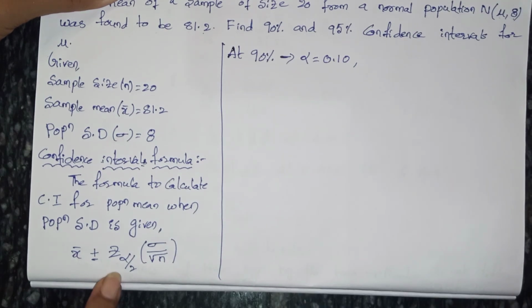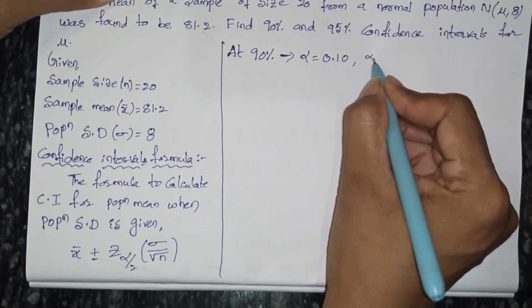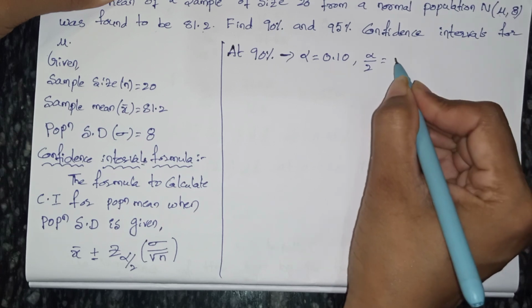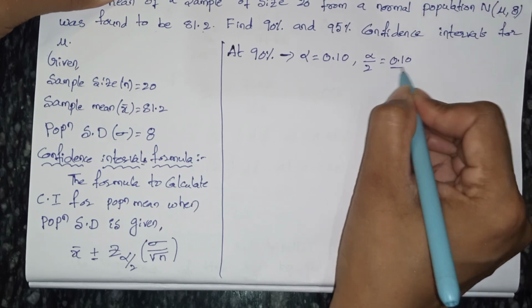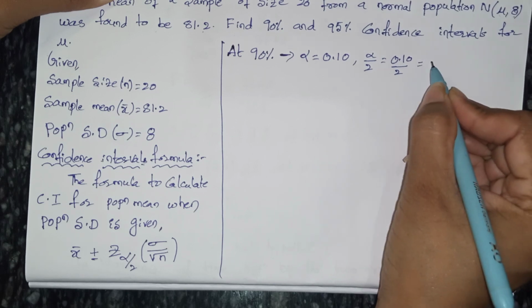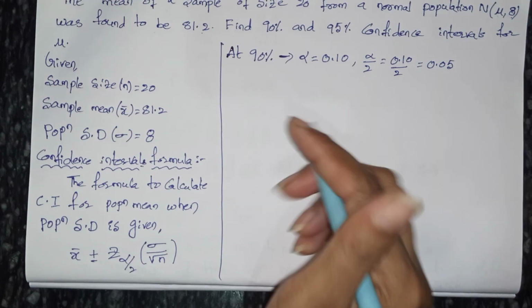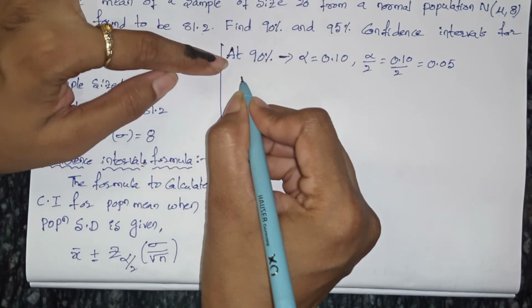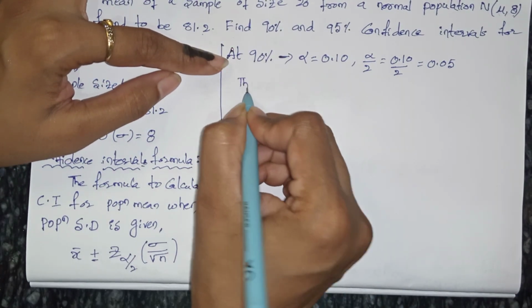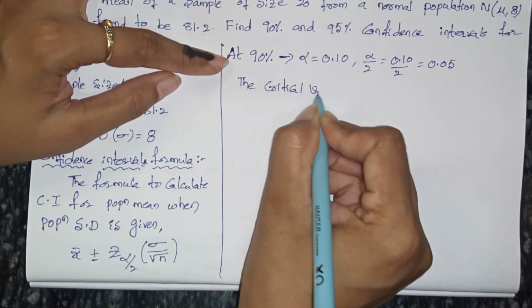But here they asked for alpha by 2. Alpha by 2 means what? 0.10 divided by 2. So how much do we get? 0.05.